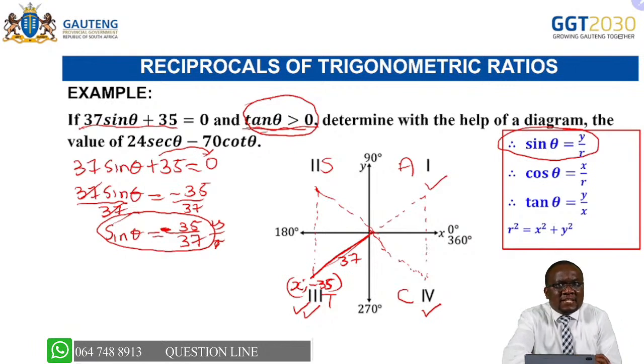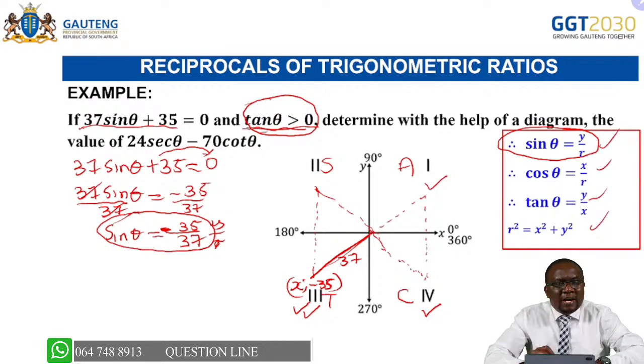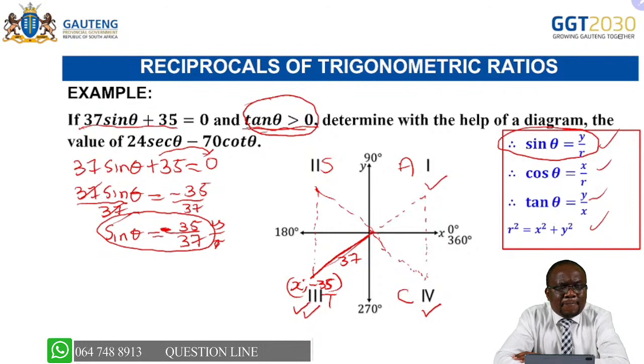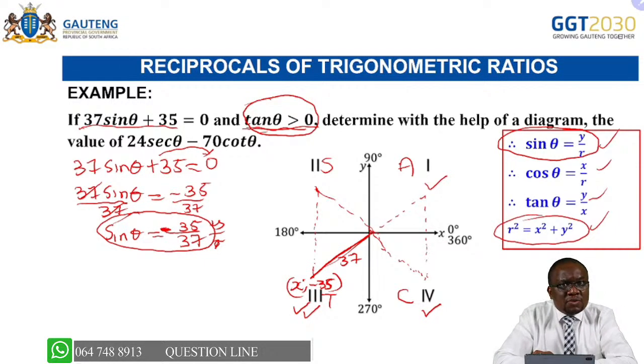How do we find x? Look at these four things. How are we going to find x? We're going to use our Pythagoras theorem. Remember that r squared is equal to x squared plus y squared.